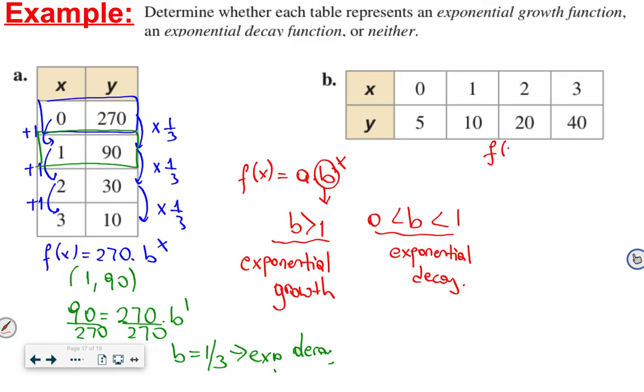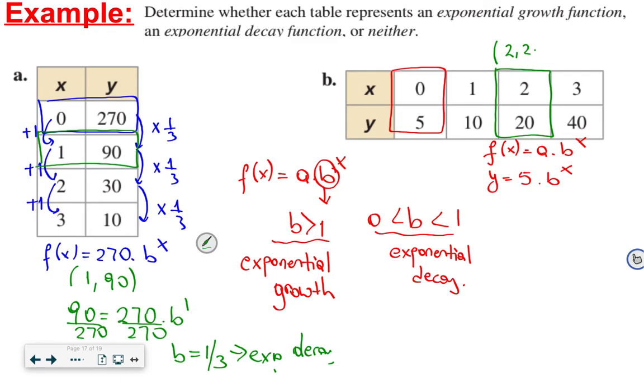Same idea, f of x is equal to a times b to the power x. What is your initial value or y-intercept? Which is 5. Substitute: y is equal to 5 times b to the power x. To be able to find b, you can choose any ordered pair. I would like to choose this: 2, 20, x value is 2, y value is 20.